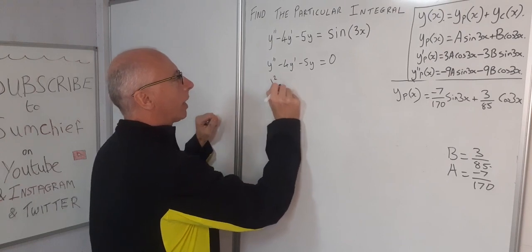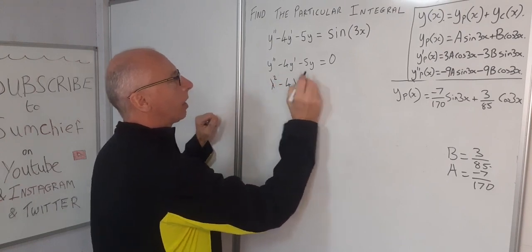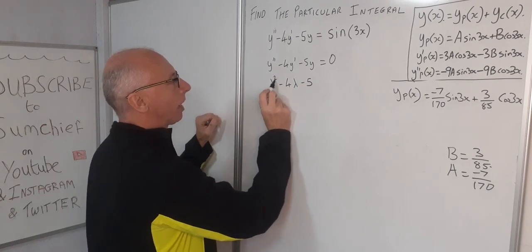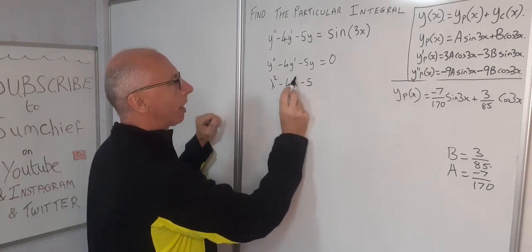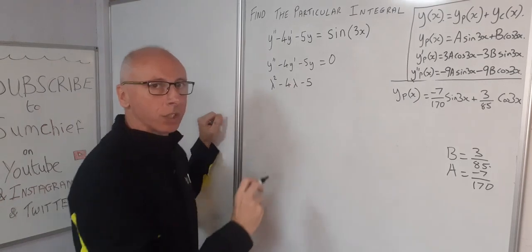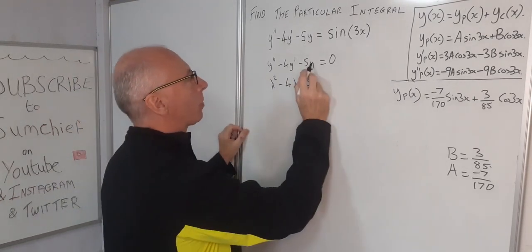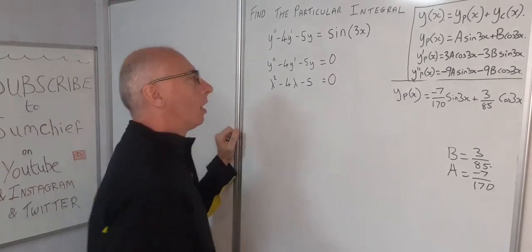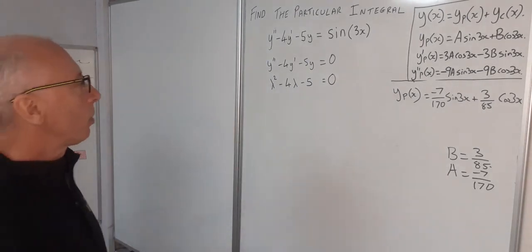So now I've got lambda squared minus 4 lambda minus 5. So second derivative, so we've got lambda squared. First derivative, so I've got lambda to the power of 1. Keep the coefficient, you need that. And then minus 5, lambda to the power of 0, which is 1, so minus 5.